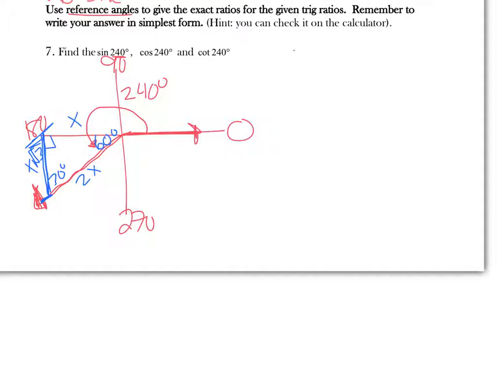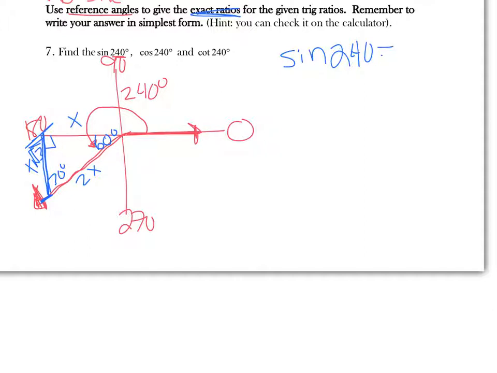So the first one, sine 240. Start by doing this. Put sine 240 into your calculator. You get negative 0.8660254038, right? That's not going to help us. I need to have the exact ratio, hence in the directions. But it will help me when I want to check my answer.